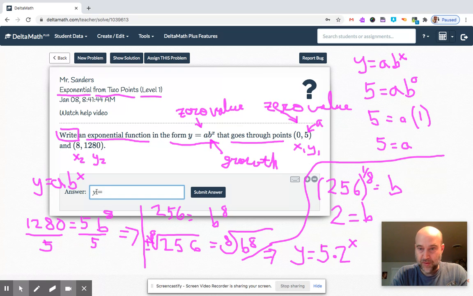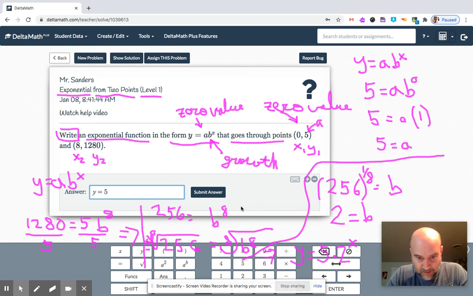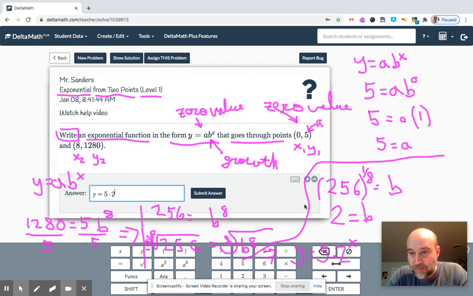y equals 5 times 2 exponent key right here, x, and let's just double check everything looks good.